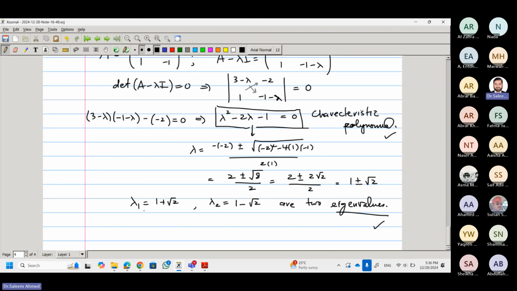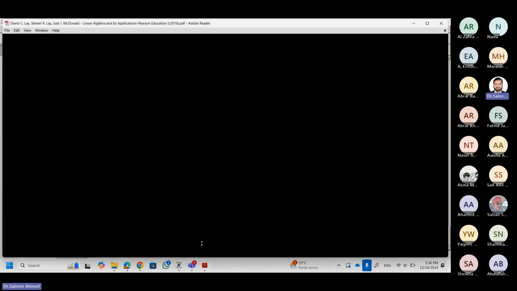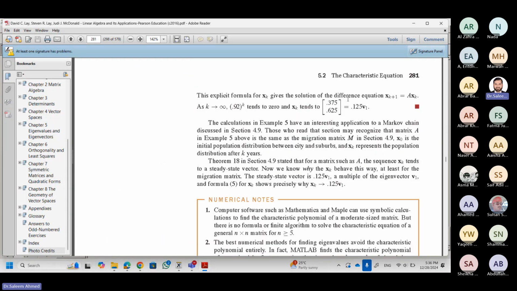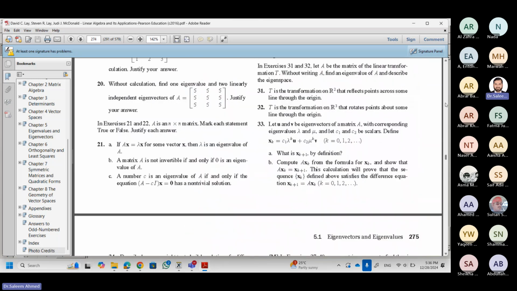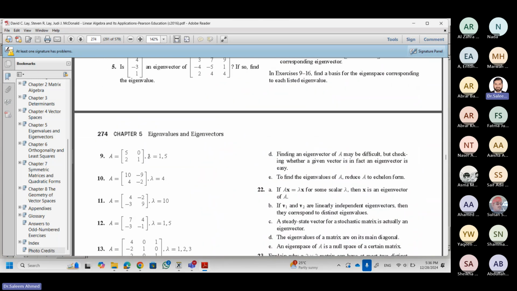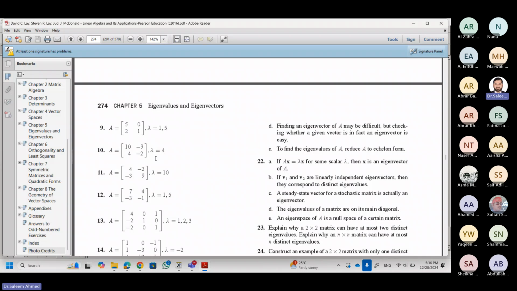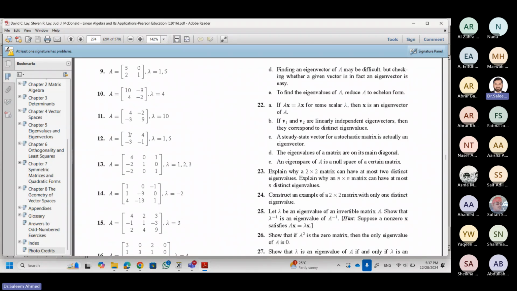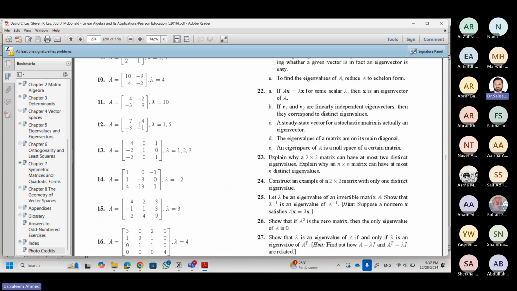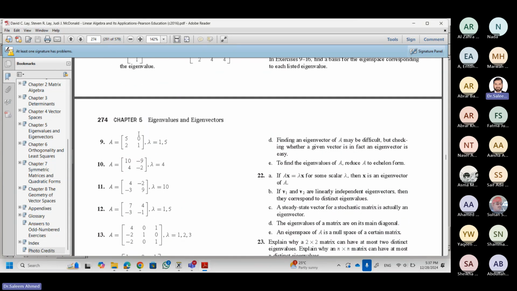So if they ask you to find the eigenvectors, then you will do one by one. Okay. So I think in 5.1 they gave us one where they ask both together. Here you see the eigenvalues are given and they are asking you to find the eigenvectors. So of course you can do that. For example, here the eigenvalues are 1 and 5.